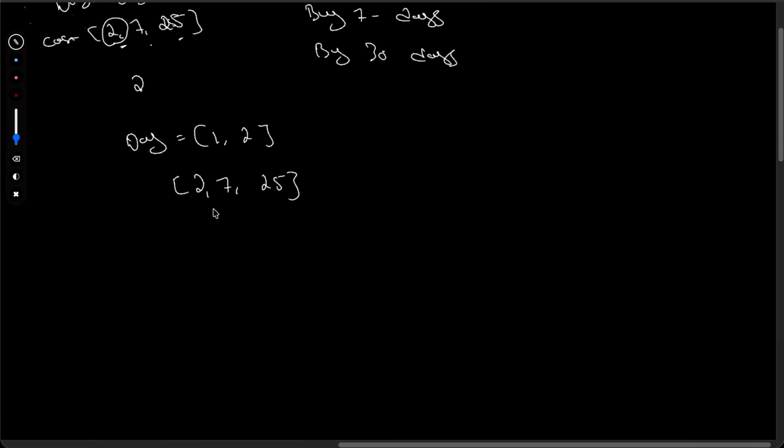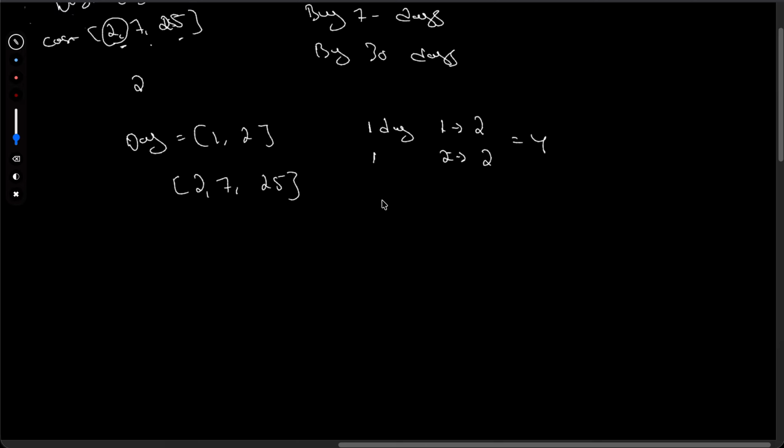Now if days is equal to 1, 2, and the costs array is 2, 7, 25. So you travel on day 1 and day 2. Option 1: buy a 1-day pass for day 1, and buy a 1-day pass for day 2, so the total is 4.